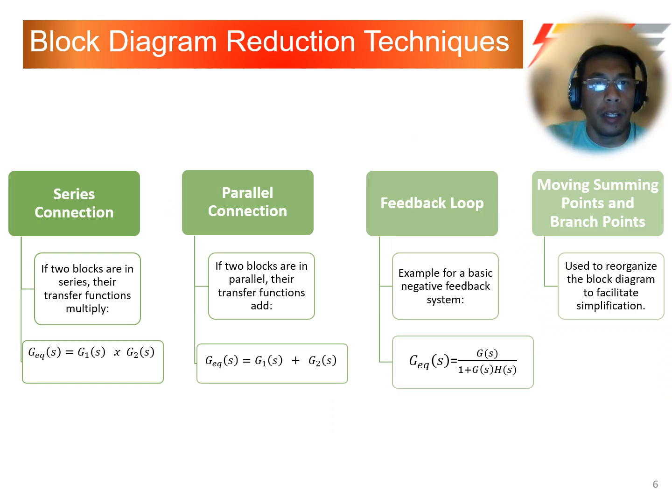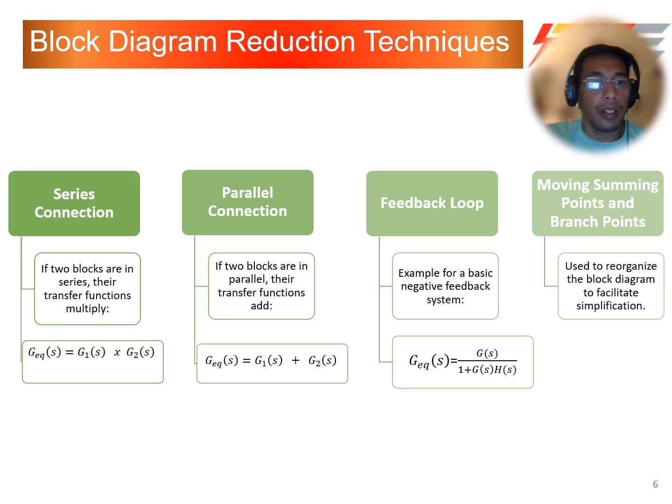So in block diagrams, there are reduction techniques. This makes the block diagram simplified, in a more summarized visual representation. So here are the examples. Series connection: if two blocks are in series, their transfer functions multiply.